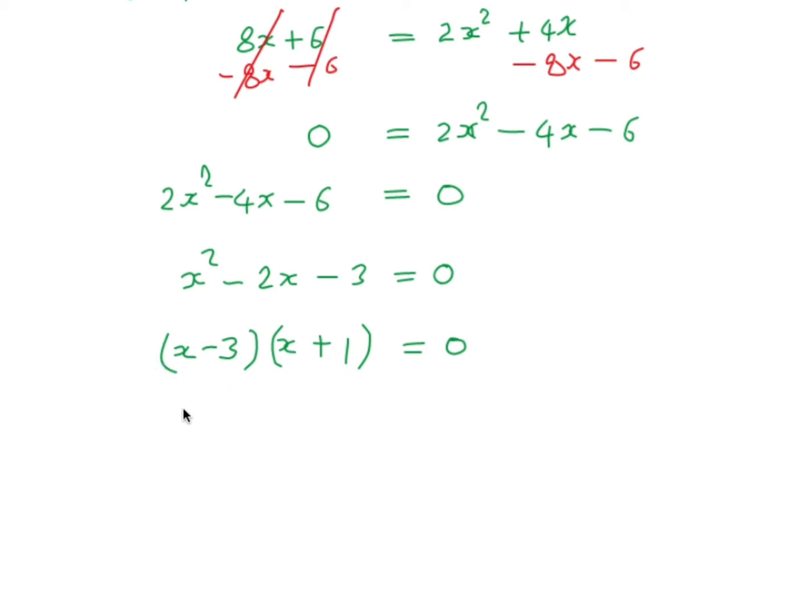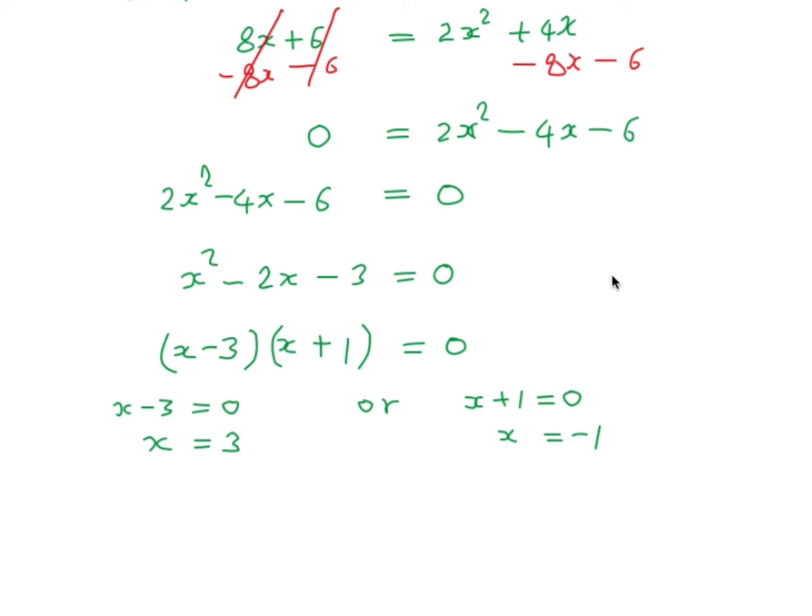And here we can use the zero product property. So x minus 3 equal to 0 or x plus 1 equal to 0. So here the x value is 3 and here the x value is -1.